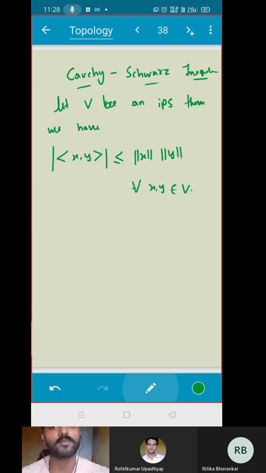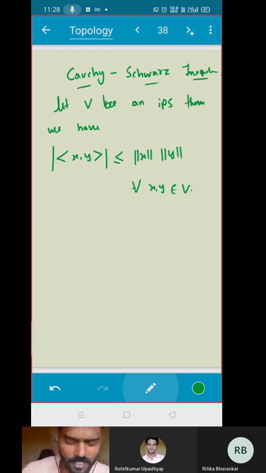Now, in particular, if you take x and y as real numbers, then you will see what that is. This will be just mod of xy equal to norm x norm y. If you take x and y over R2, then try to see what relation you will have. If you take Rn, the thing whatever we have proved in your FYBSc, that was the Cauchy-Schwarz inequality for Rn. Is that clear?